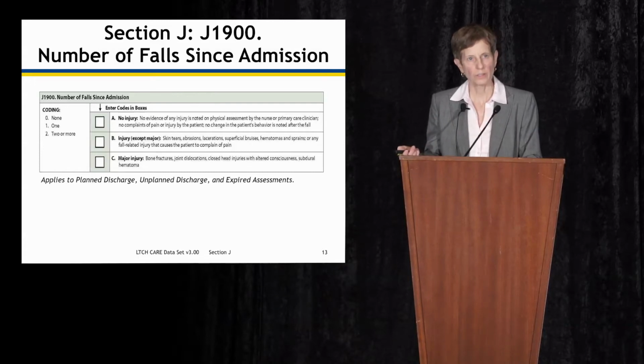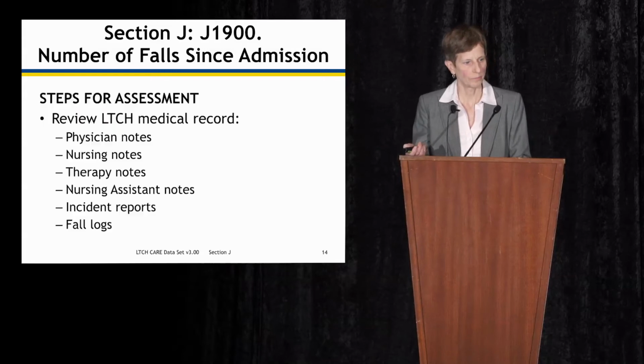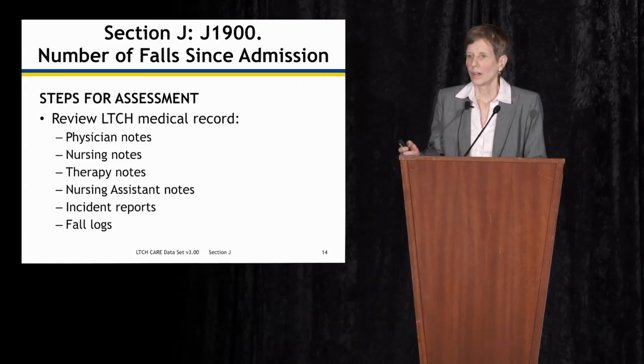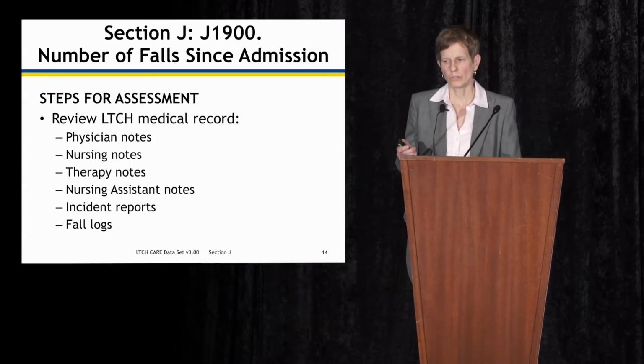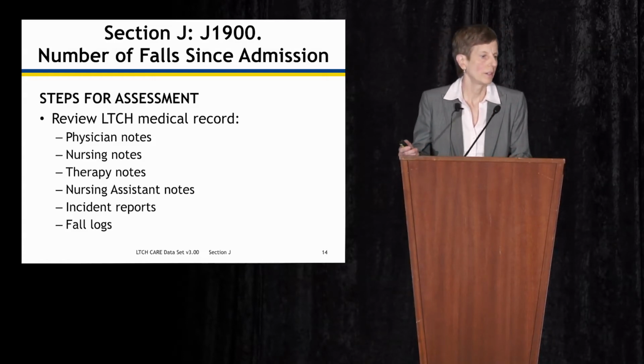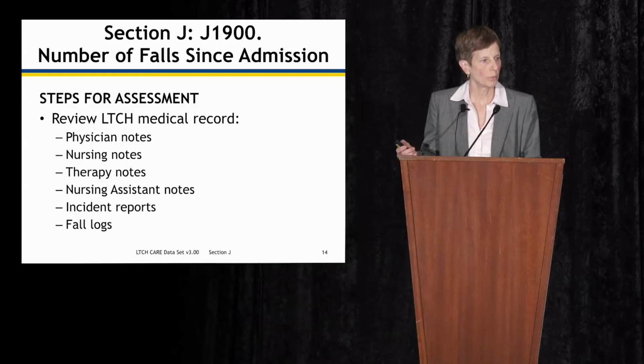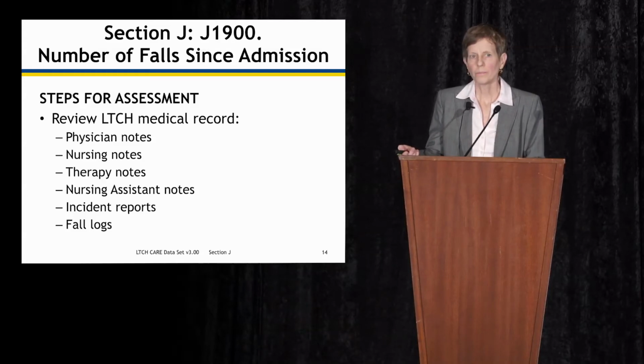It applies again to the planned discharge, unplanned discharge, and expired assessments. You should review the same areas of the medical record that you reviewed for J1800: the physician notes, nursing, therapy, nursing assistant notes, incident reports, and falls log.